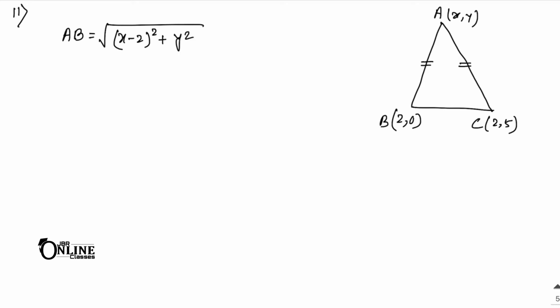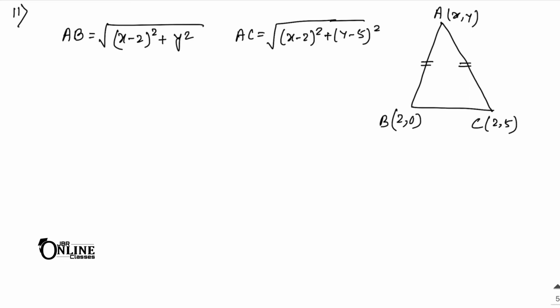Okay, and the next one here AC, that equal to (x minus 2) whole square plus (y minus 5) whole square. Okay, and as here both are equal sides, the length of the equal side that equal to 3 units.